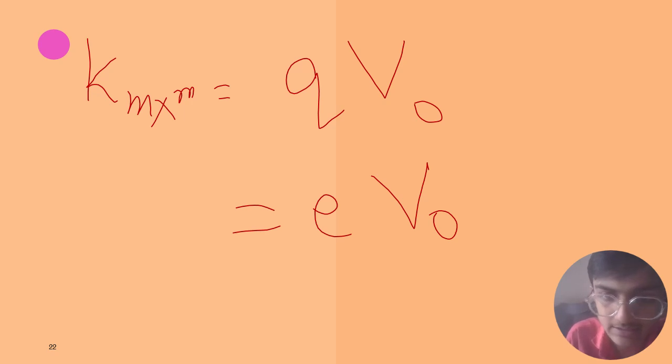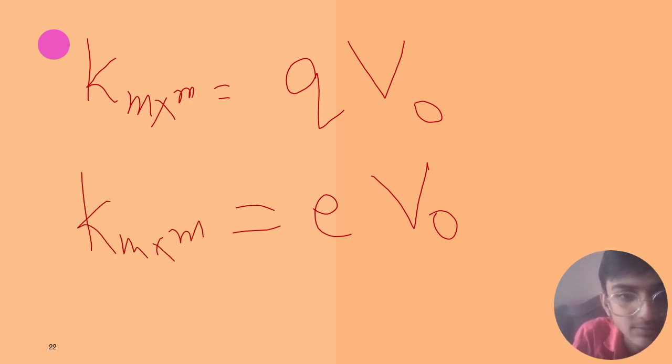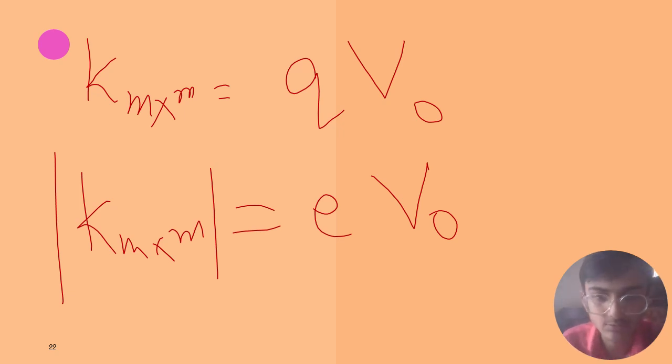But again, this e is actually minus e. We will write this more mathematically as mod of K max is equal to eV naught. e is the electronic charge, actually minus 1.6 into 10 power minus 19. But here we will use mod to make this quantity positive, eV naught.